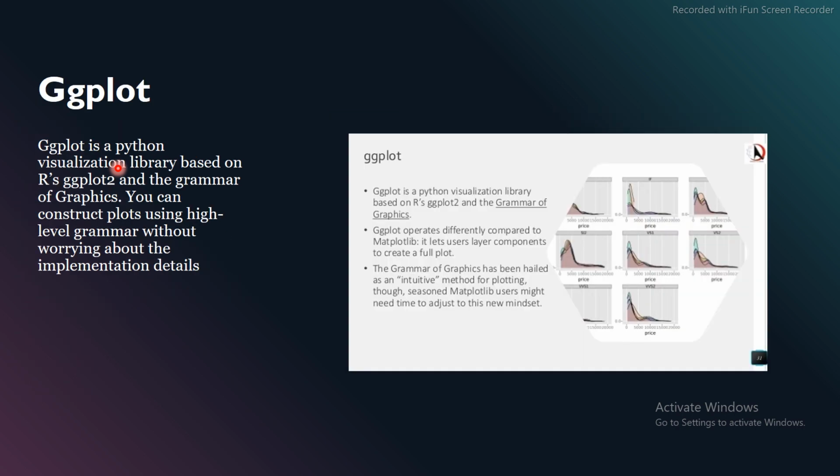Then comes ggplot. ggplot is based on R's ggplot2. So people who work with R programming use ggplot2, which is an extension of ggplot. With the grammar of graphics, you can construct plots using high level grammar without worrying about the implementation details.